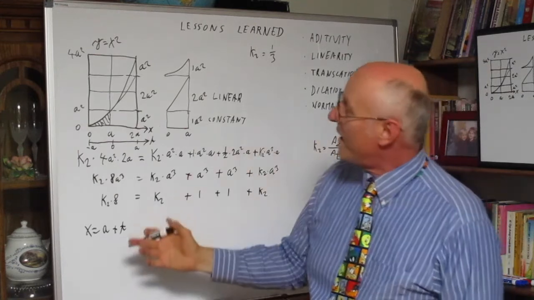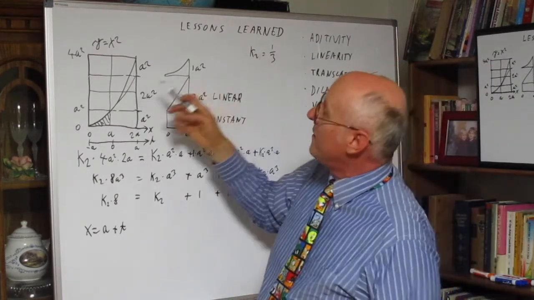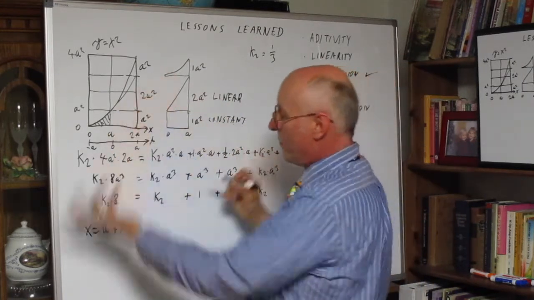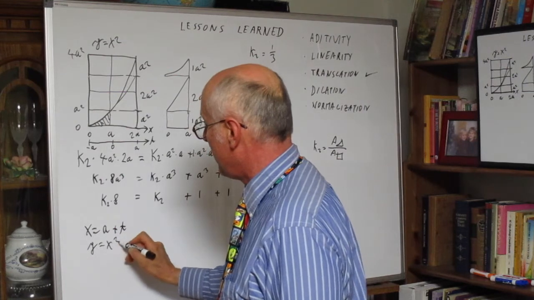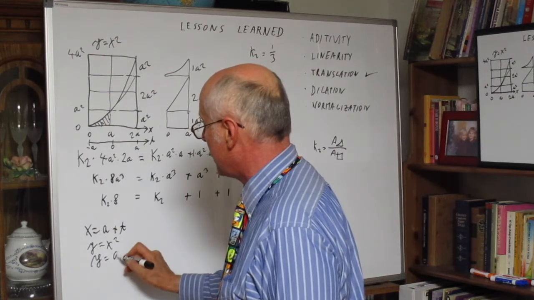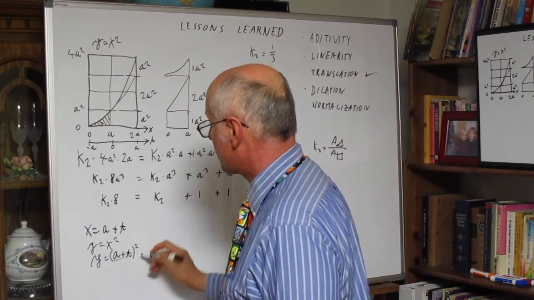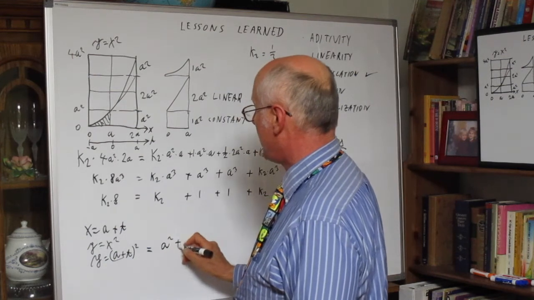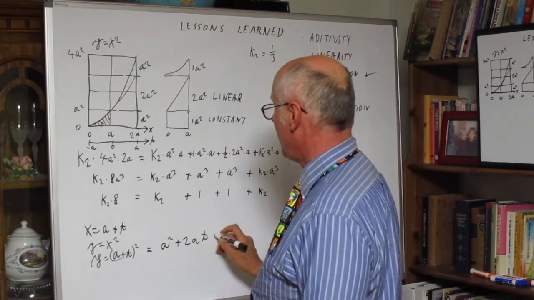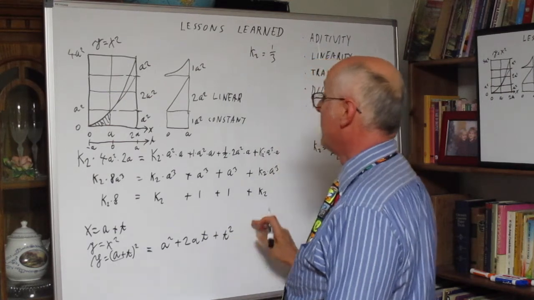And once you have this, you don't need the slope anymore, because look, you plug in y equals x squared, so y equals a plus t, squared. And that equals a squared plus 2at plus t squared.